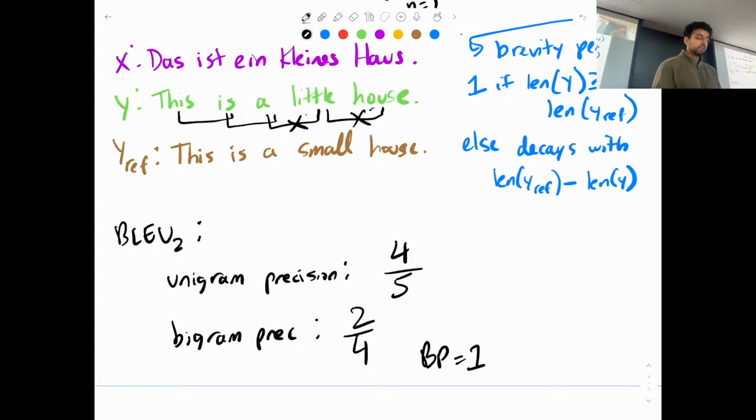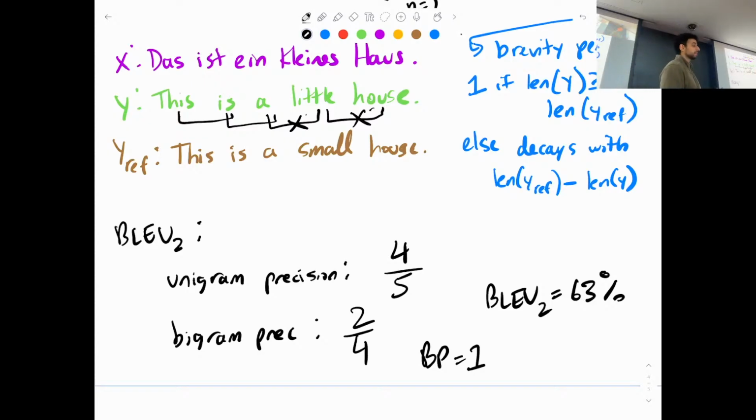So we can compute the BLEU 2, which is just the geometric average of these 2 precisions. And if you follow that formula, you get something like 63%, which is pretty good. In general, if you ask another human translator to translate this sentence, they may not get an exact match to the translation either, right?